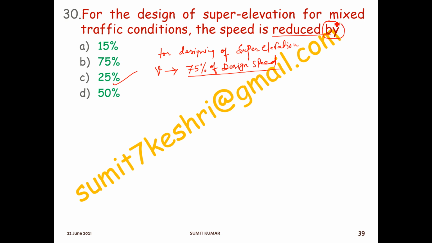If it was written the speed is reduced to, instead of by, then the option would be 75%, but here it is written reduced by. How much will it reduce? Initially it was 100%, now it is 75%, which means 25% lesser than the original speed. So the correct option will be 25%.